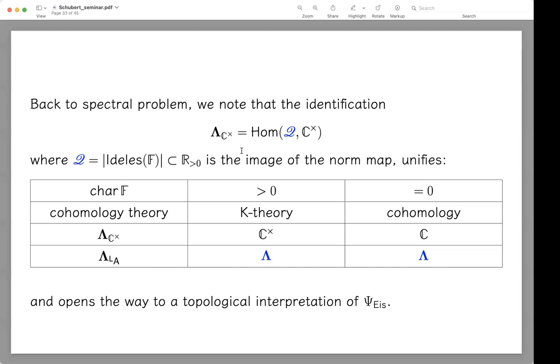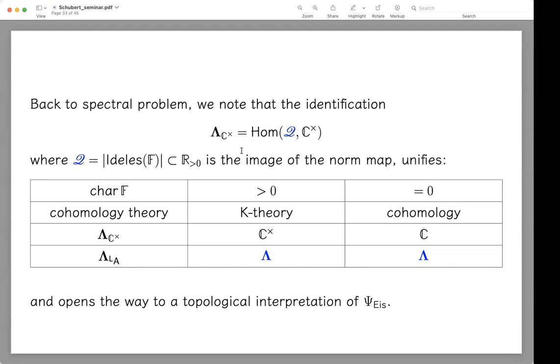And so in this table, what would that lambda be? We denote by boldface lambda the dual group, the homomorphisms from this group Q to C star. In positive characteristic, that would be just C star itself, and so it's the curve corresponding to K-theory. In characteristic 0, that group of homomorphisms is C, and it corresponds to cohomology.